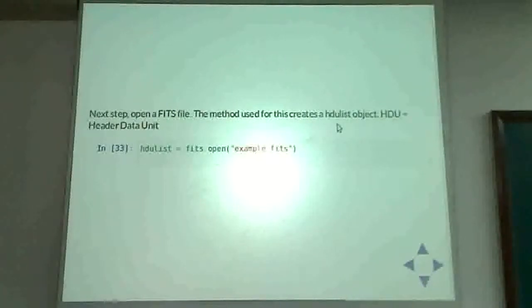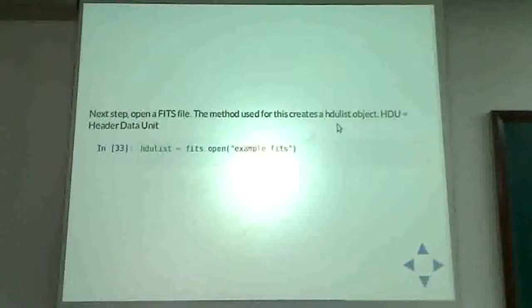So all of you know what HDUs are. A FITS file has what are called extensions, which can store, let's say an image cube, for example, would store multiple images in a single FITS file. So the file name 0 would be the first extension, file name 1 would be the second extension.